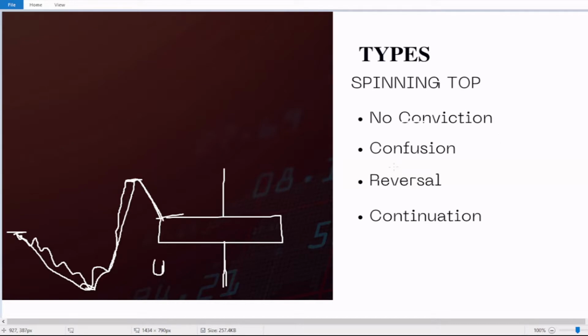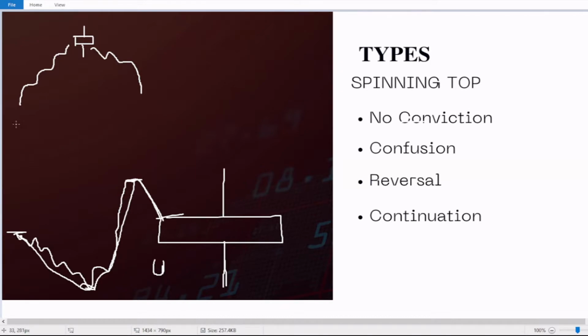The third and the most important thing you need to understand is that a spinning top can be a reversal signal. What I mean by reversal signal is, suppose the price is in an uptrend, going higher and higher, and then you have a spinning top created here, the price might reverse and come downside. Why? Because there is confusion created, buyers are not showing more interest, so the sellers kick into the market and the prices come down.